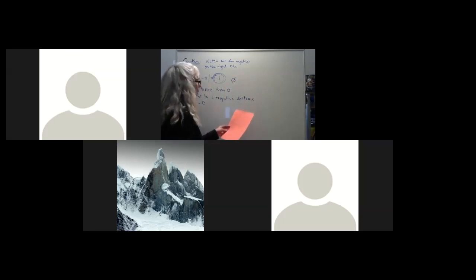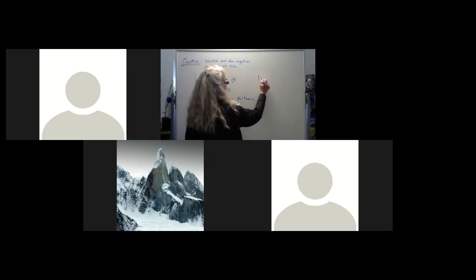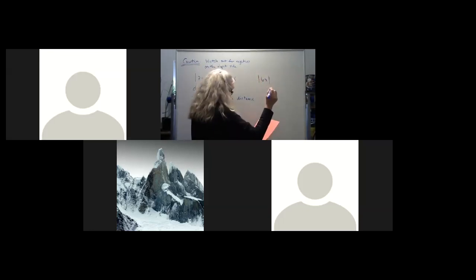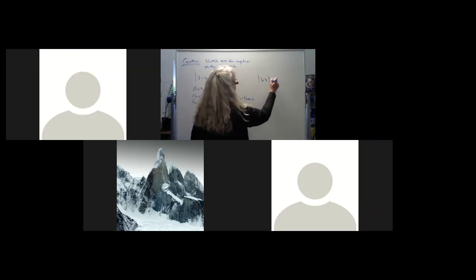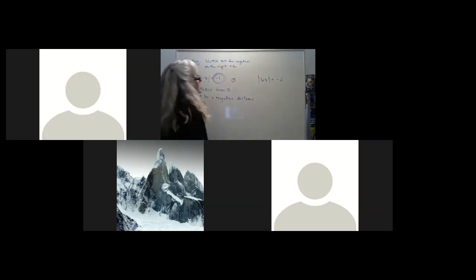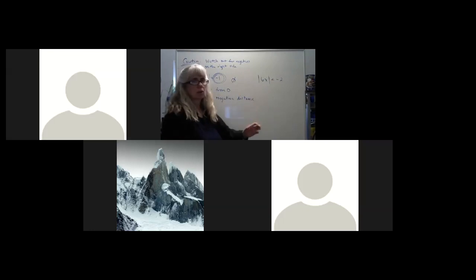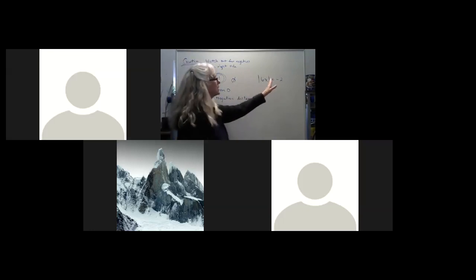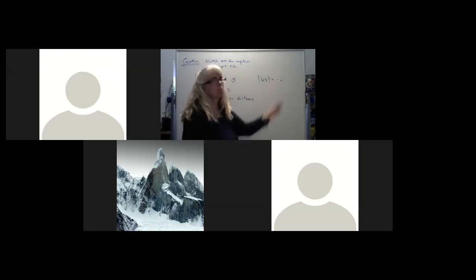What about an inequality? So what about the absolute value of 6x, and we want to say that that is greater, no, let's do less than negative 2. Okay, so let's think about what this is saying. You're taking the absolute value of something. You're looking at the distance from 0, and it needs to be smaller than a negative number.